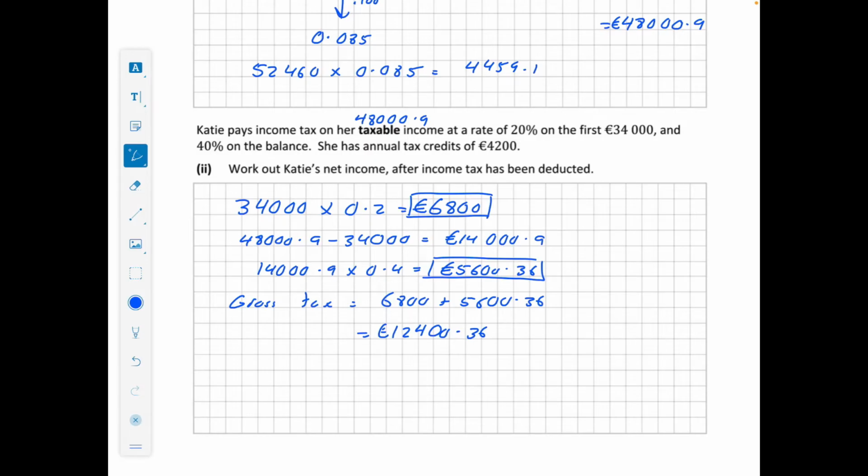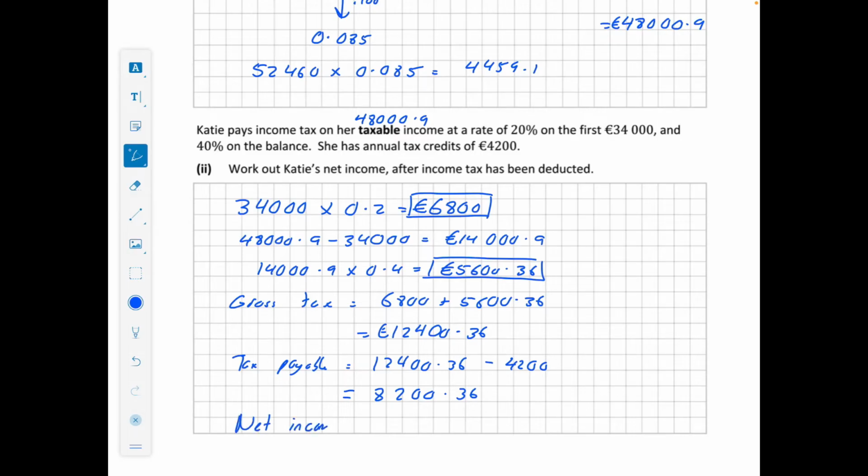Remember, tax credits are a good thing, so subtract. So tax payable is 12,436 minus 4,200. And that gives me the total amount of tax she should be paying is 8,200.36.